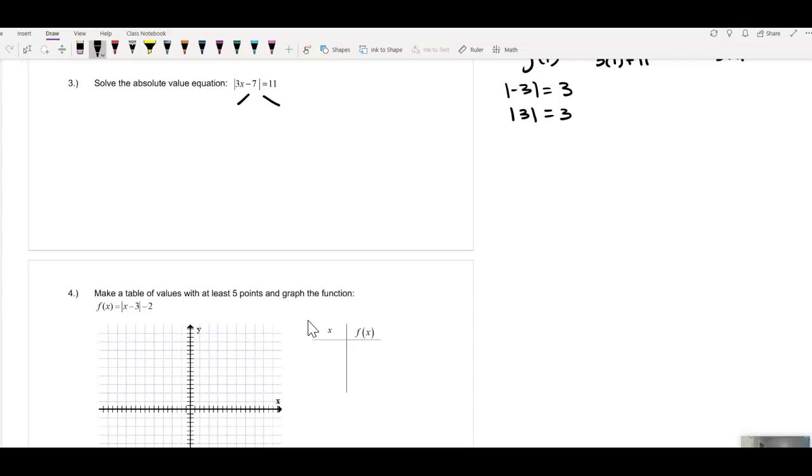Our first one is going to look just the same, just removing the absolute values. Right? And then the other one, we just need to leave one side the same, so I'm going to keep that 3x minus 7 the same and change the other side to negative. Right? So you have to make one side of the equation negative and leave the other side positive.